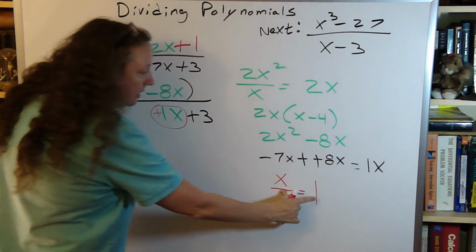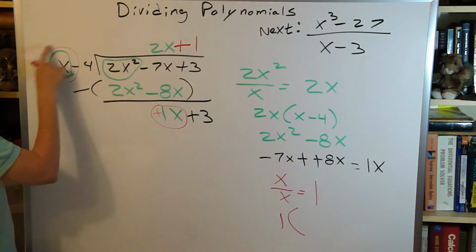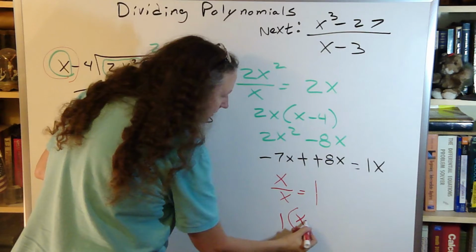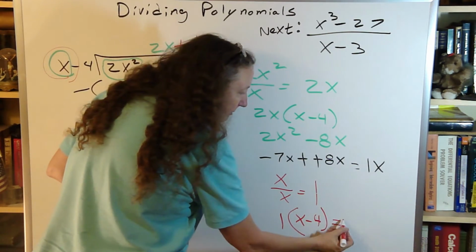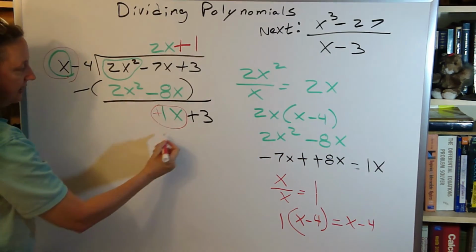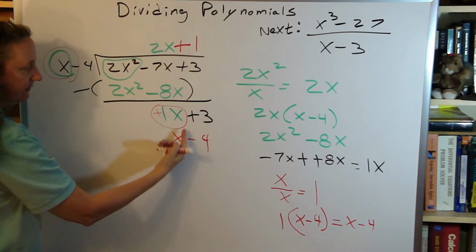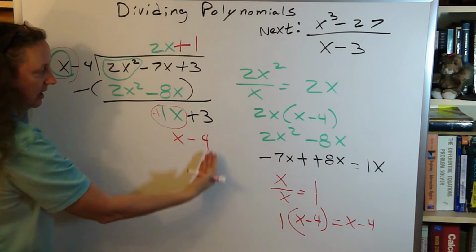I take that 1 and I multiply it by the entire thing here, x minus 4. And that gives me x minus 4. Write that down here. I have my x to the first, they're in a column. My constant in the same column as my constant.